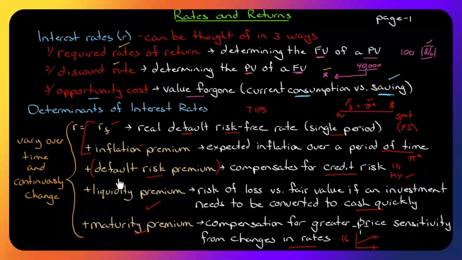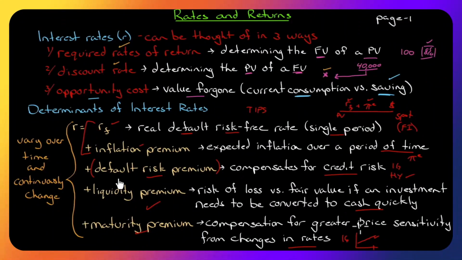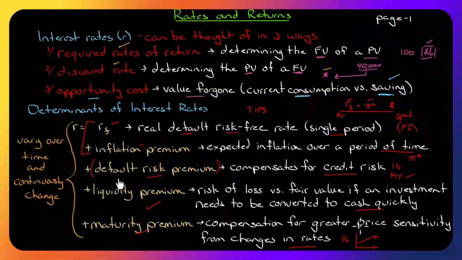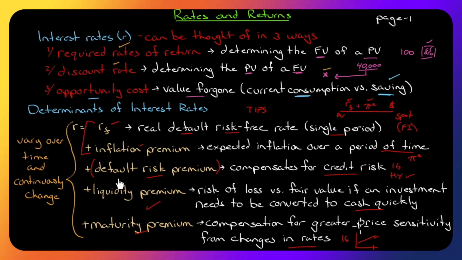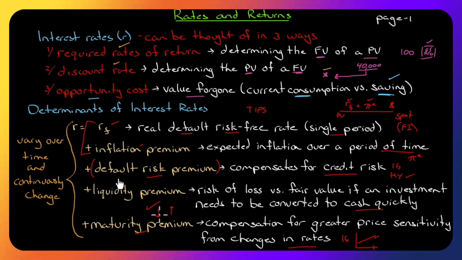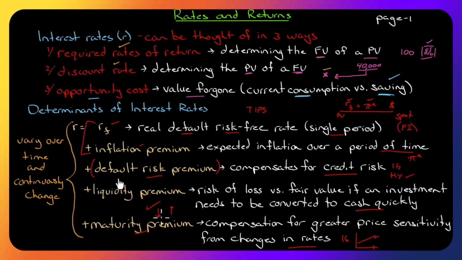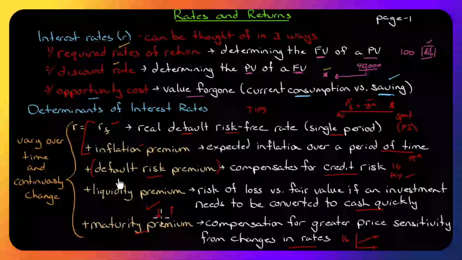Compensation for greater price sensitivity from changes in rates. You will learn in fixed income that the longer the maturity of the bond, the more sensitive it is to changes in interest rates. In other words, the greater the price change, it will be for a change in interest rates. So if interest rates go up, bond prices go down. There's that inverse relationship. The greater the maturity of the bond, the more sensitive it is to the same change in rates.